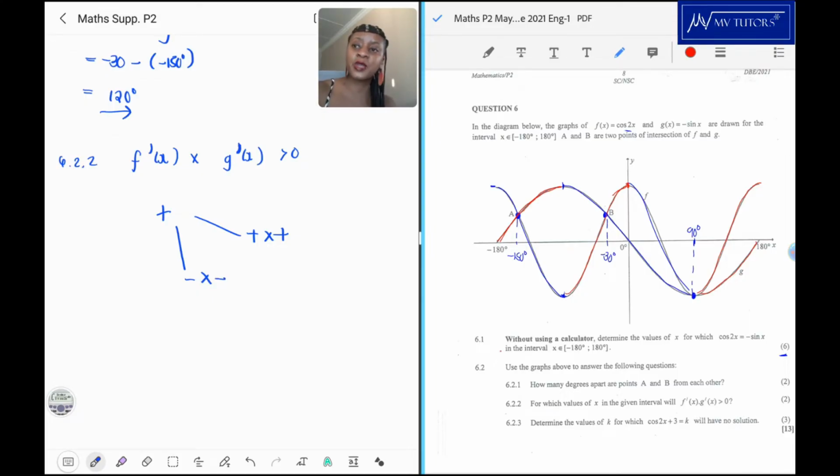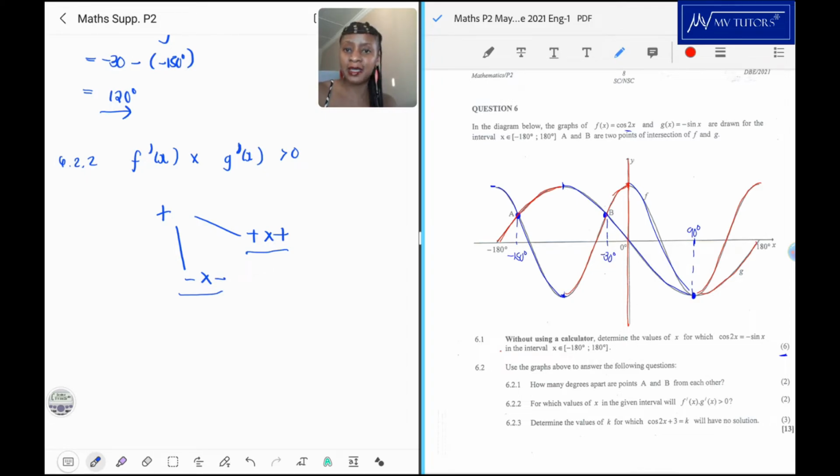So now, like I said, we need to look for the ones where we have both positives and both negatives. And you can see that from 0 degrees up until 90 degrees, that's where you have negative gradients that will give you a positive. Then from 90 degrees to 180 degrees, you have positive gradients that will give you a positive value.